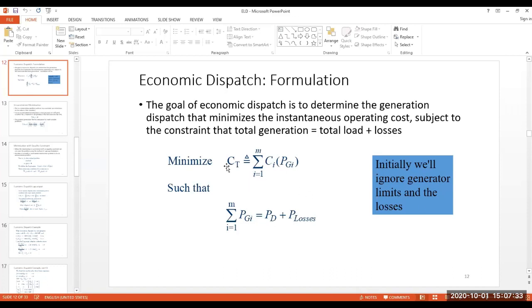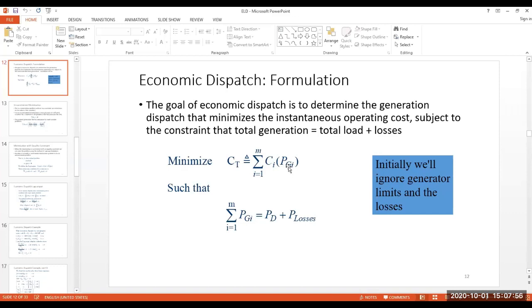So this is our f of x, and this is our g of x. Can anyone tell me which one is the x variable there? PGI. Excellent. PGI means the generation output from each of the generators.